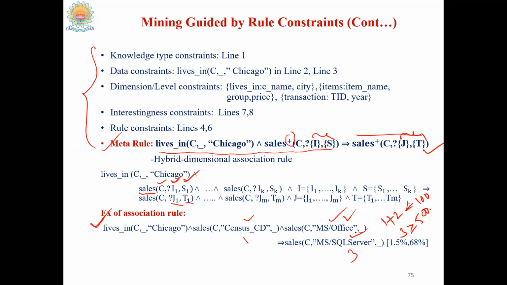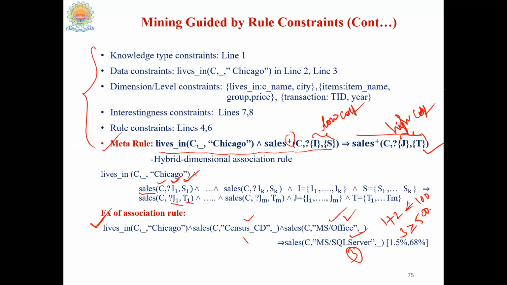Census CD and MS Office. The cost of those items should be less than 100. So here is the cheapest item, low-cost items. If you consider the right-hand side of the rule, we are having item 3 whose cost should be greater than or equal to 500. So here high cost items should be present.